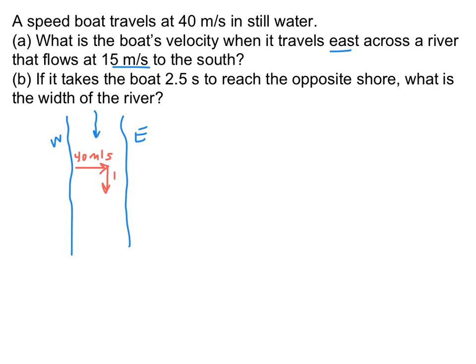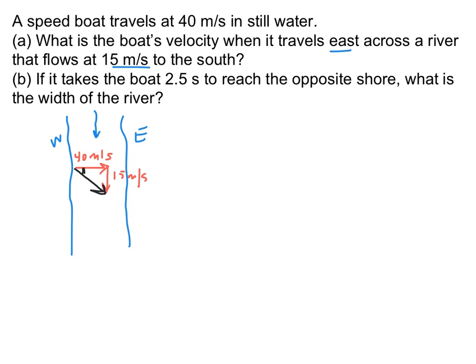I've made that a little smaller since 15 is less than 40. Our resultant is this right here. That's the actual direction the boat would go, and we're going to describe the angle. We could describe it with respect to the shore or to the boat's original direction, and I'll do the latter since that's the angle I've drawn.